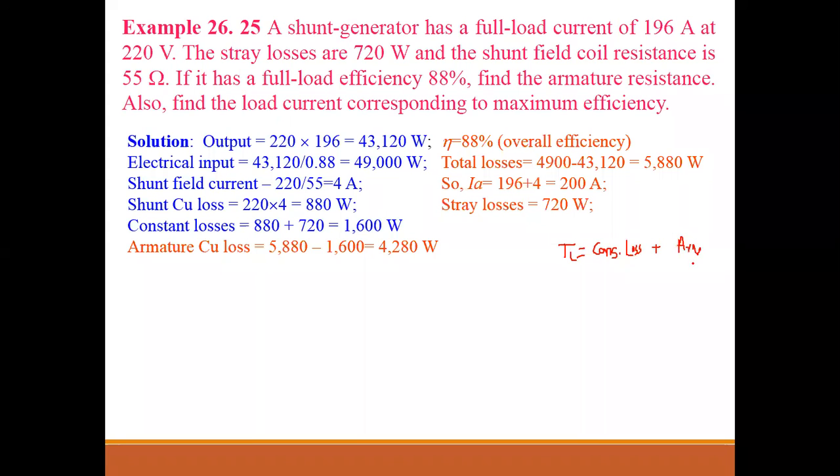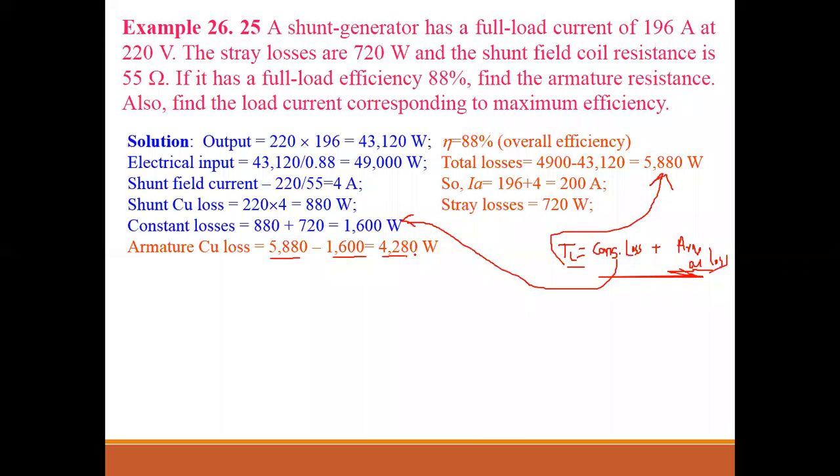Now we know that total losses are 5880 and constant losses are 1600. So we can easily find the armature copper loss, which is equal to total loss minus constant losses. So 5880 minus 1600 is equal to 4280. This is the armature copper loss.